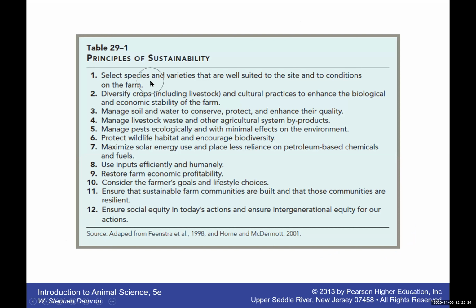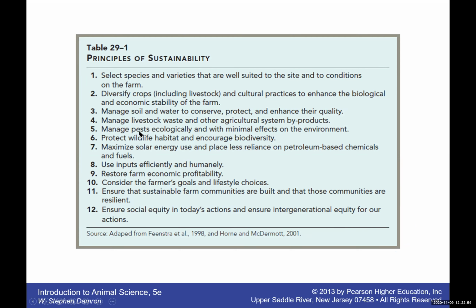Basically, we should select species that are well suited for the environment and diversify the livestock with the crops to be able to enhance the biological systems around the farm. Manage soil and water, protect it as well as enhance it. Manage waste and byproducts.